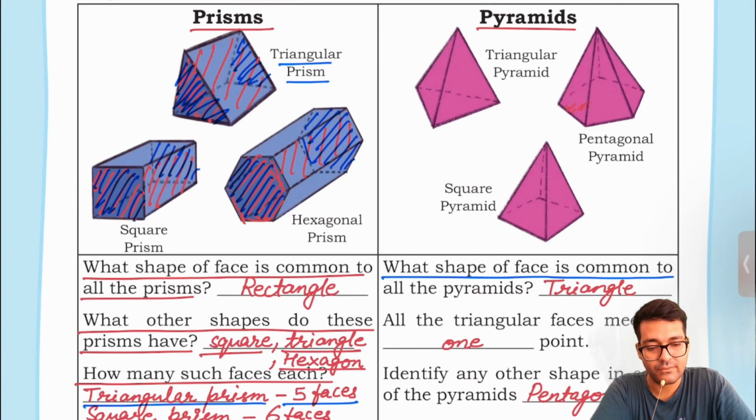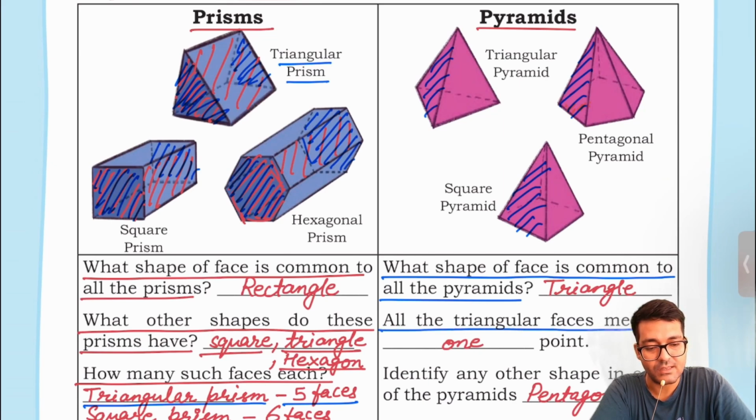What shape of face is common to all of the pyramids? In all of the pyramids, you can see triangular faces are common. The answer is the face having triangle shape. All the triangular faces meet at one point. You can see all triangular faces meet at one point.